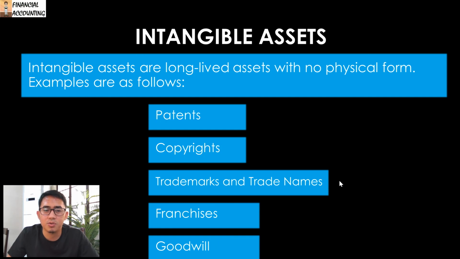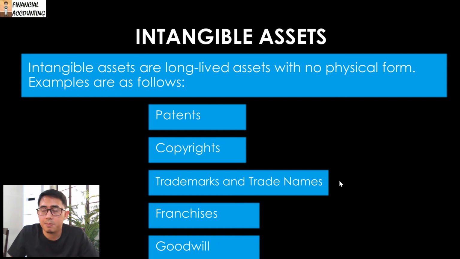So again, if you have a cost, for example, patents, the cost of filing patents, there is this cost, therefore you have to capitalize that cost and amortize it over the useful life. So for patents, for example, if you spend 100,000 to patent a specific invention, that 100,000 will be amortized over its useful life.